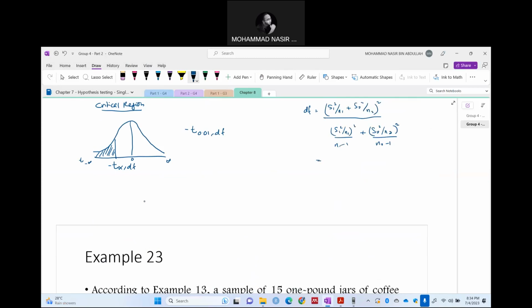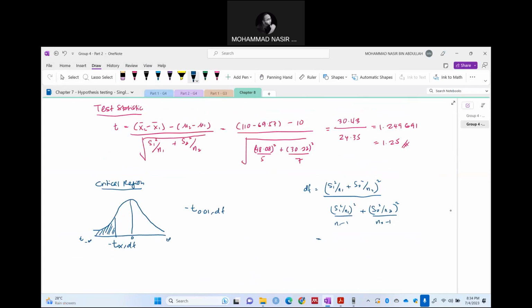So we plug in the values. 48.08 squared over 5 plus 30.22 squared over 7, and square here, divided by 48.08 squared over 5, squared, divided by 4, plus 30.22 squared over 7, squared, divided by 6. Right? Can you calculate?